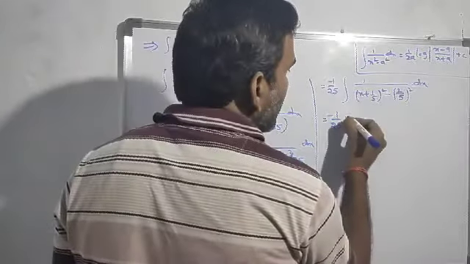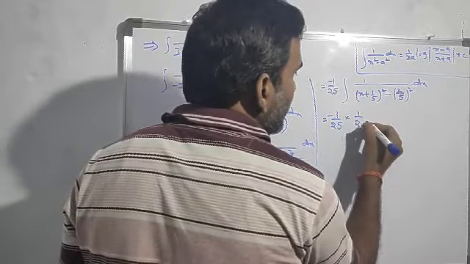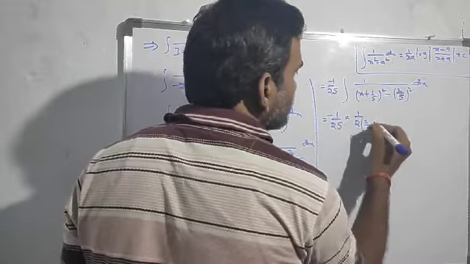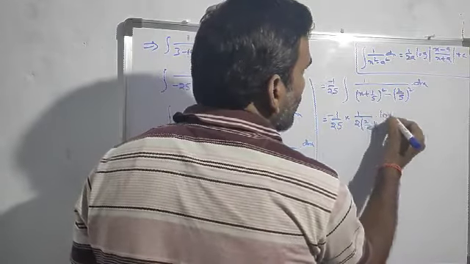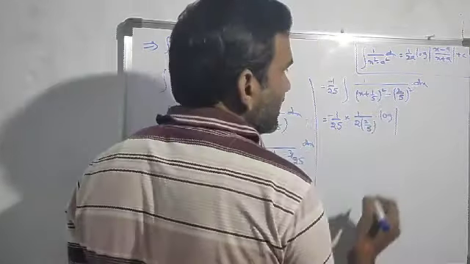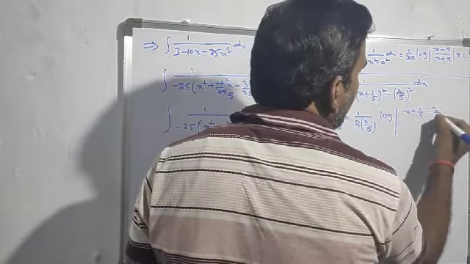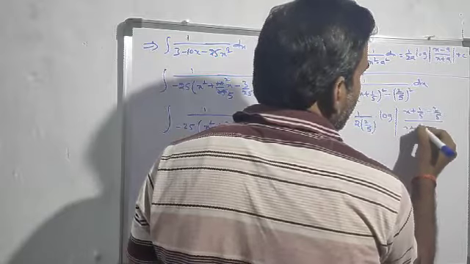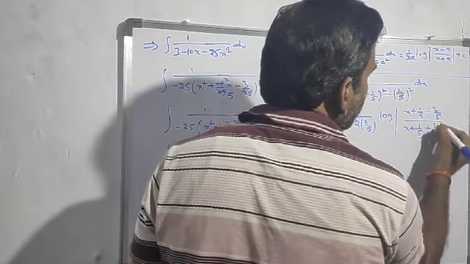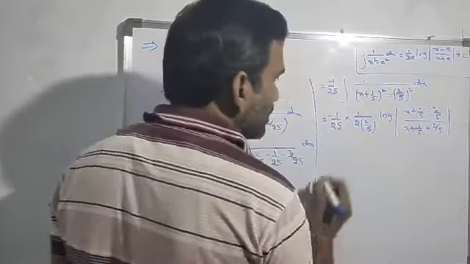okay. So here I can write 1 by 2a, a value is 2 by 5, log of (x minus a) by (x plus a), that is (x plus 1 by 5 minus 2 by 5) by (x plus 1 by 5 plus 2 by 5).